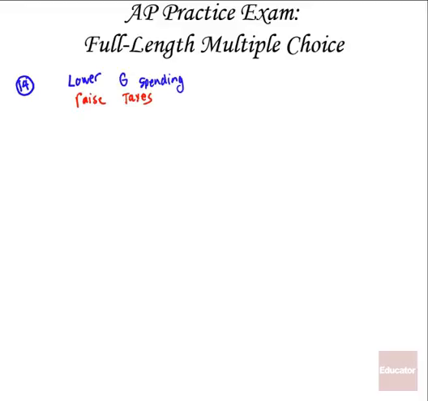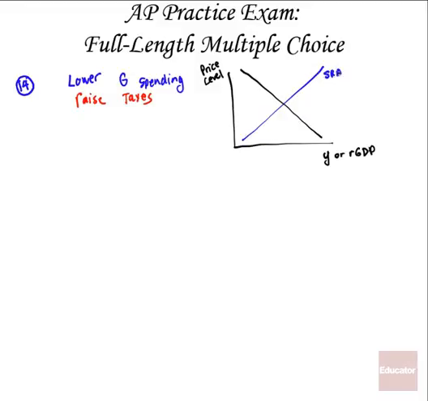So let me go a little bit more in depth than the question actually requires here. So here's Y, or our GDP, and here's the price level. So let's say a presidential candidate comes in and tries to be responsible by balancing the budget here. So SRAS. I mean, you really have to admire a president with that type of ambition, but basically Keynes would say, well, you're at full employment here, so you're at LRAS here.